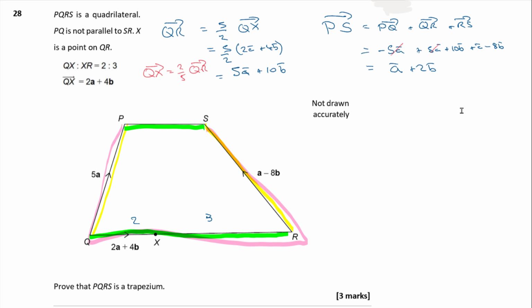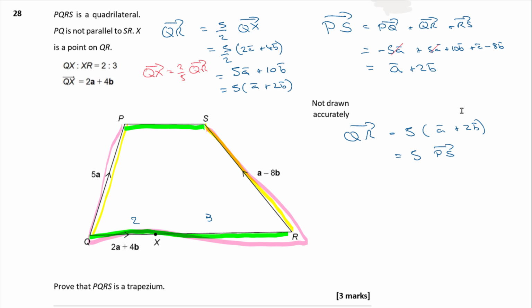QR was 5a plus 10b, which I can then factorize. If I factorize out a 5, that's equal to 5 lots of a plus 2b. Okay, so if QR is 5 lots of a plus 2b, and we've just found that a plus 2b is PS, we know that QR is 5 lots of PS.